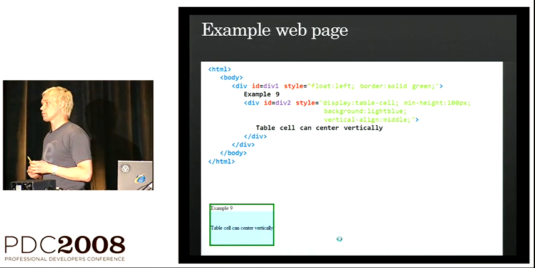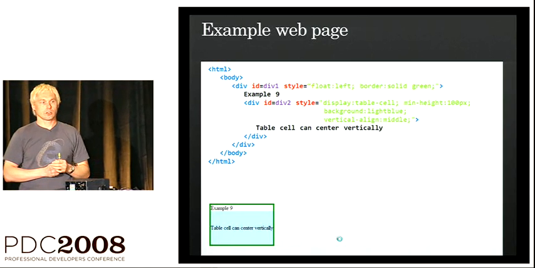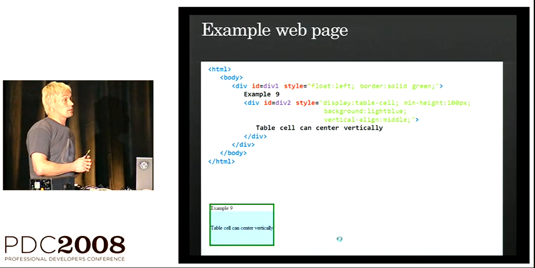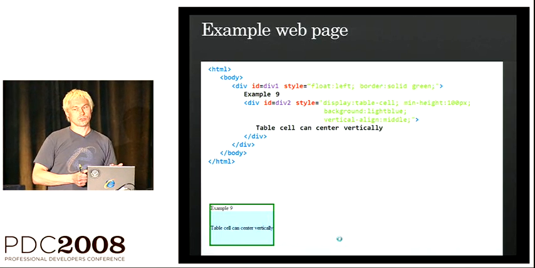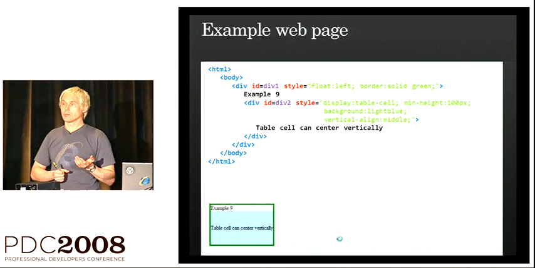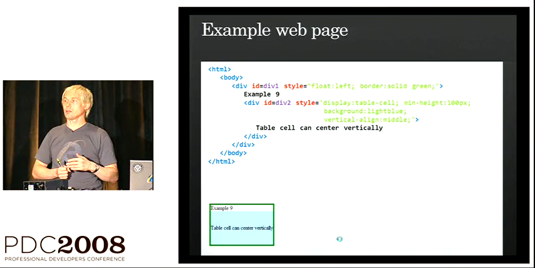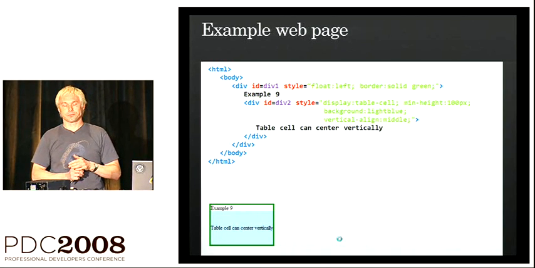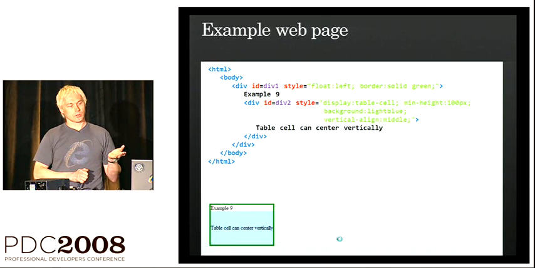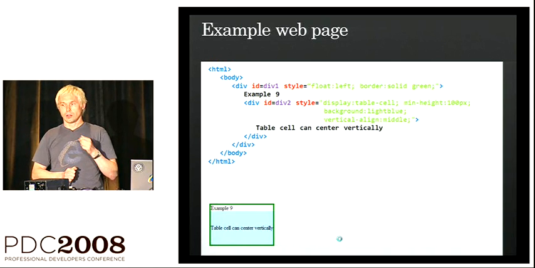This table cell is a feature that is one of the most difficult in CSS2, because you can make any element look like anything.